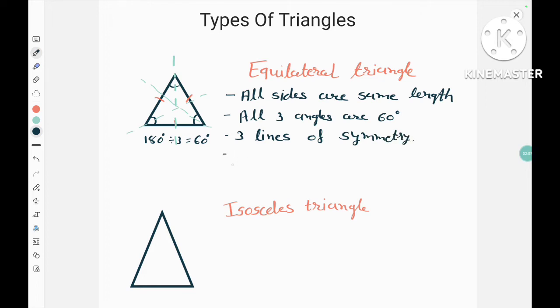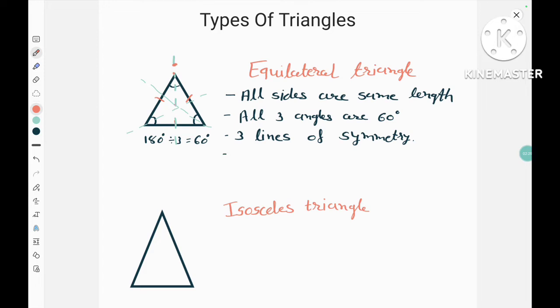And one more property of the equilateral triangle is rotational symmetry. What does rotational symmetry mean? When we rotate this triangle, let's say we start from here. Our starting point is here, and I start rotating this triangle from the center.